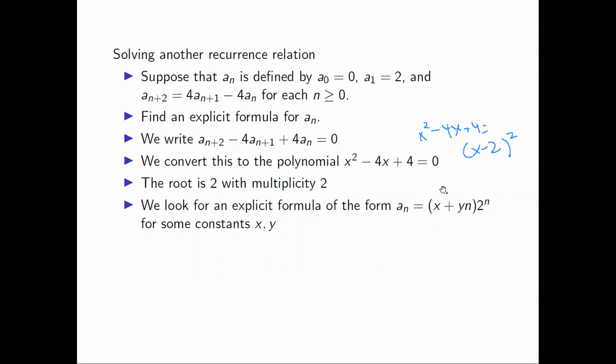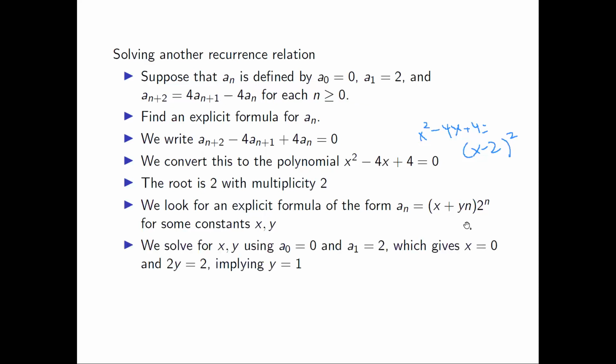So the linear term, we'll write it in the form x plus yn, where x and y are some real numbers that we have to solve for. In order to solve for x and y, we can plug in small values for n, like n equals 0 and n equals 1.